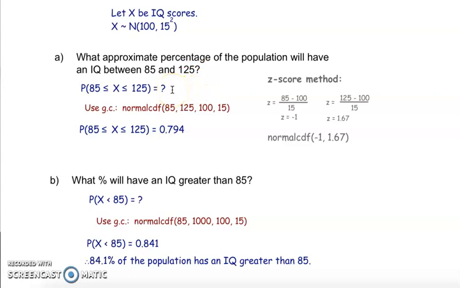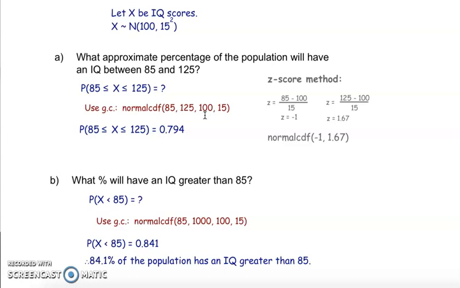So in probability notation it looks like this. Using the graphing calculator, we're looking for probability, so that means we're doing a normal CDF. So we can follow this command. The lower bound is 85, upper bound is 125, mean is 100, and then standard deviation is 15.